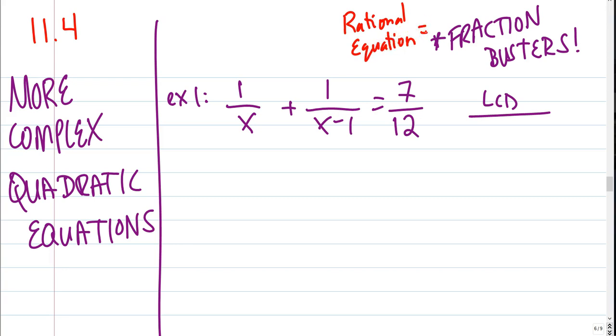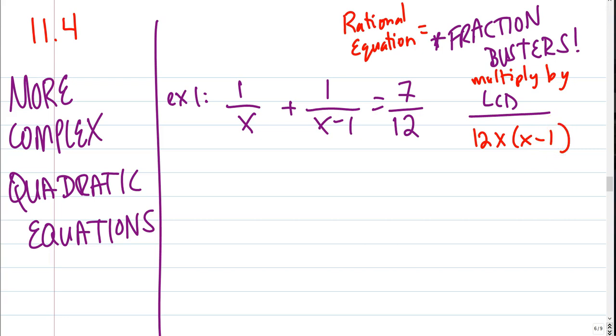We use fraction busters. Stupidest sounding thing ever, but the idea is we multiply by a least common denominator. Well, these denominators really have nothing in common. So this x and this x minus 1 are really two separate groups. So our least common denominator is going to be all three pieces: the 12, the x, and the x minus 1.